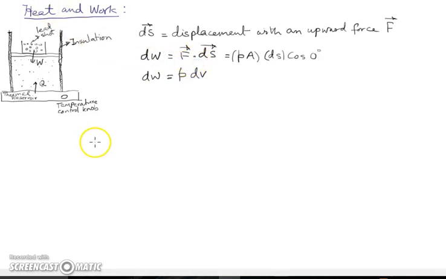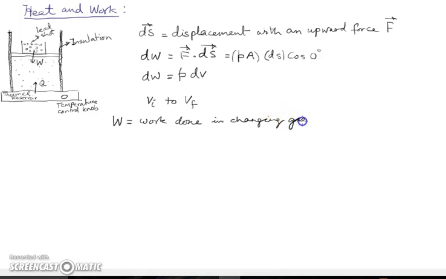So when you have removed enough shot to allow the gas to change its volume from initial volume Vi to final volume Vf, the total work done, let's say W, is the work done in changing the gas volume.